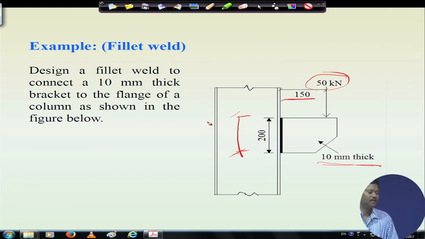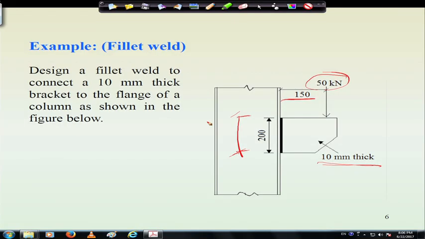Now, design a fillet weld. Here depth is given, you have to find out the size of the weld. There are three cases that will come: either size of the weld is given, you have to find out the depth, or depth is given, you have to find out the size of weld, or depth and size of the weld is not given, nothing is given, you have to find both.